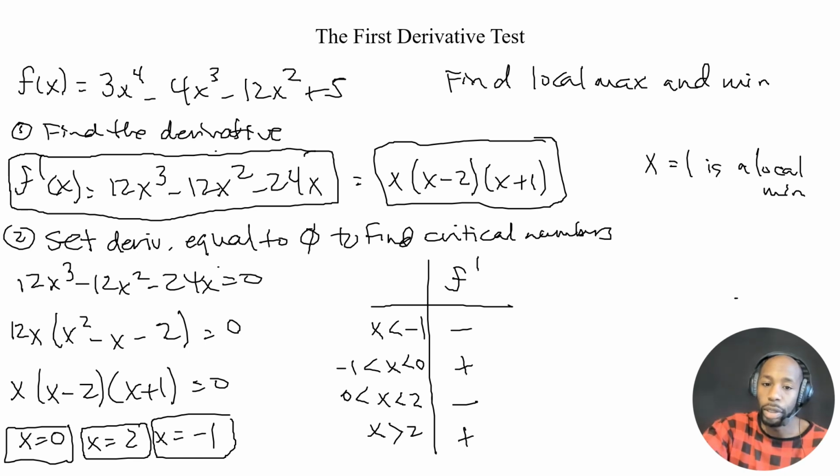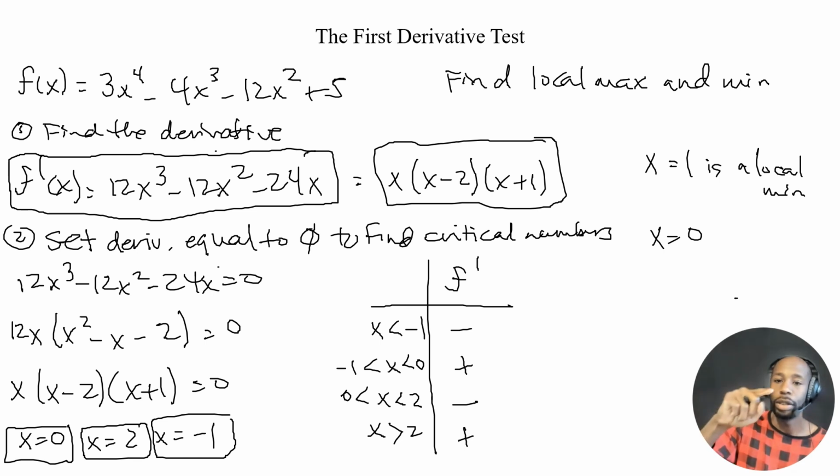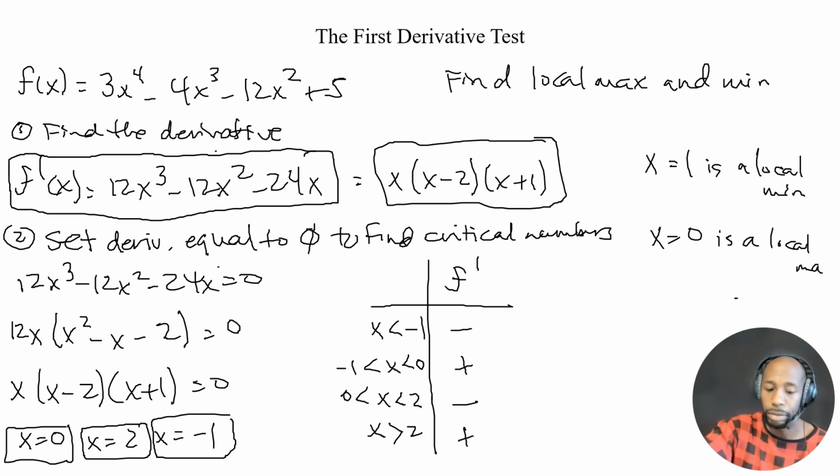What about x equals 0? On this side of x equals 0 it is positive, so it goes up and then down, because it goes from positive to negative. So that means x equals 0 is a local maximum.